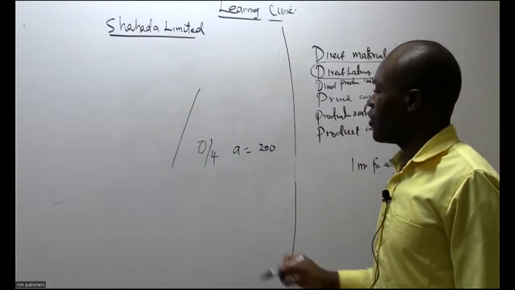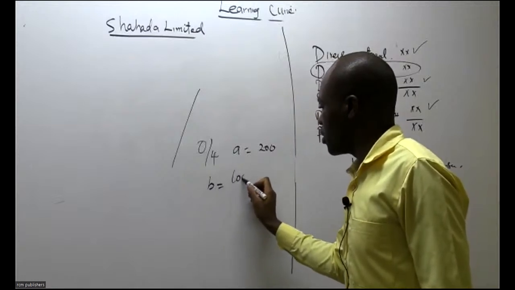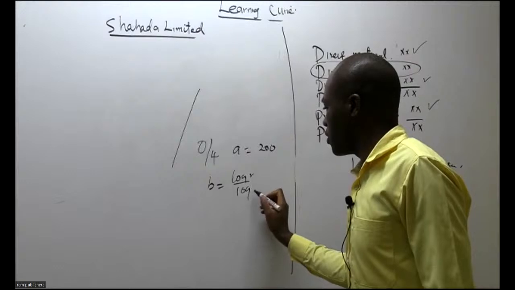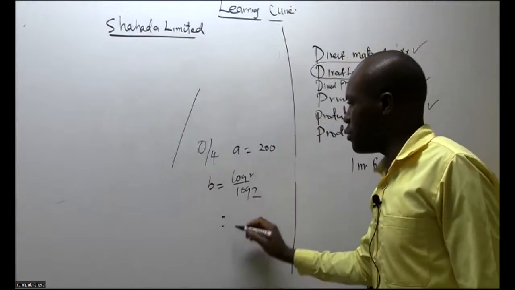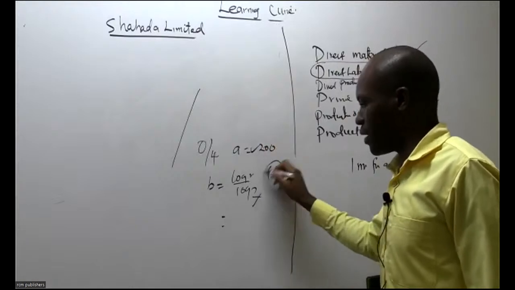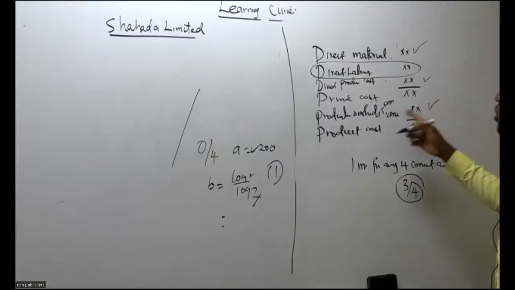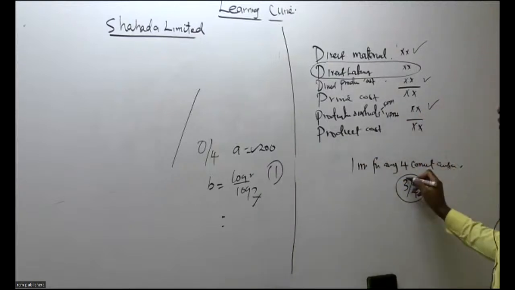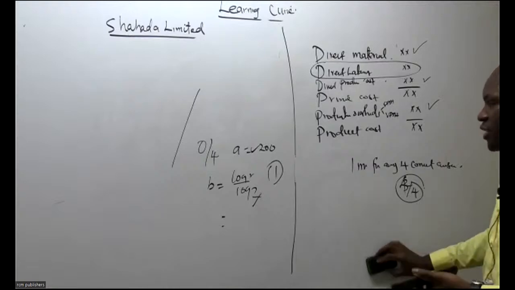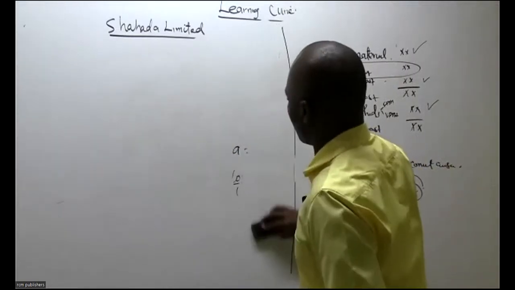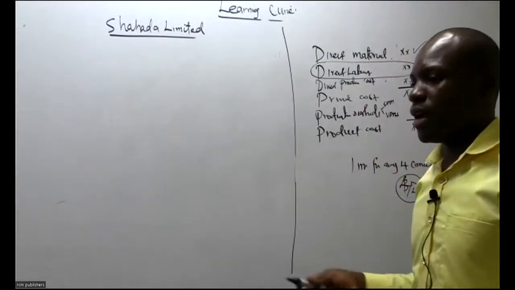Give us now that because I know how to get B equal to log R divided by log 2. Calculate it and get the value of B. By just doing that, you'll have 1 mark. If you add that 1 mark to this, even without getting the correct answer, you already have your 4/4. That's the strategy which we need to follow, and try to attempt at least all the questions.